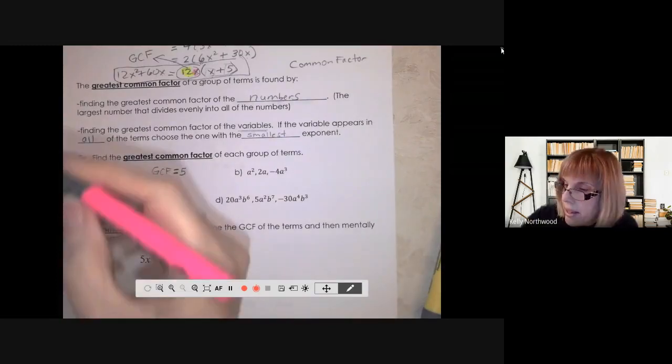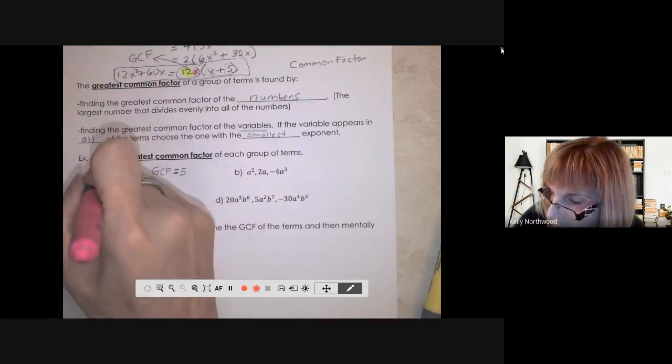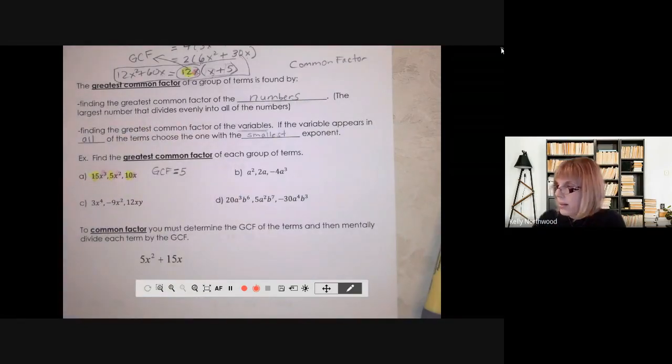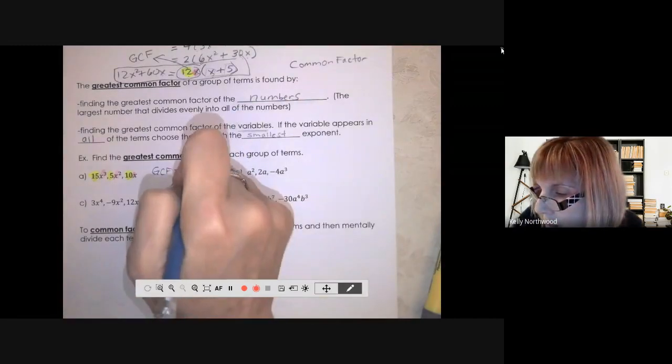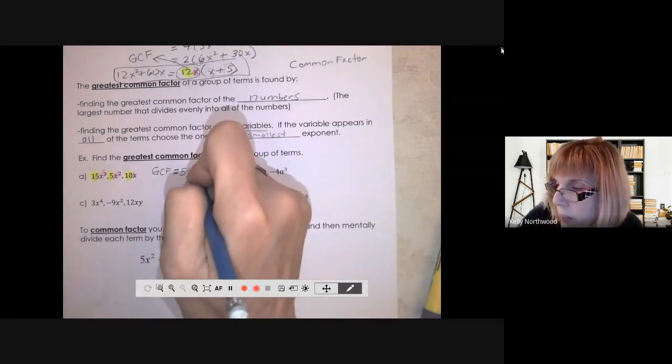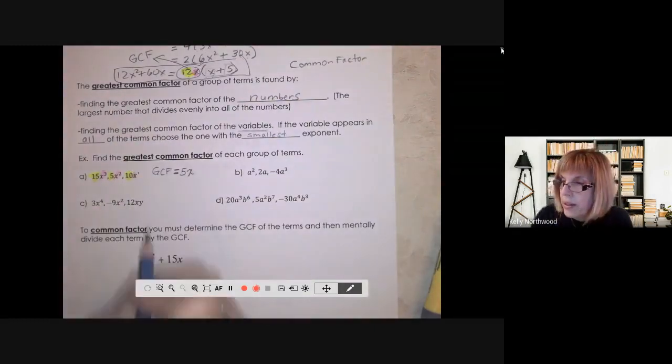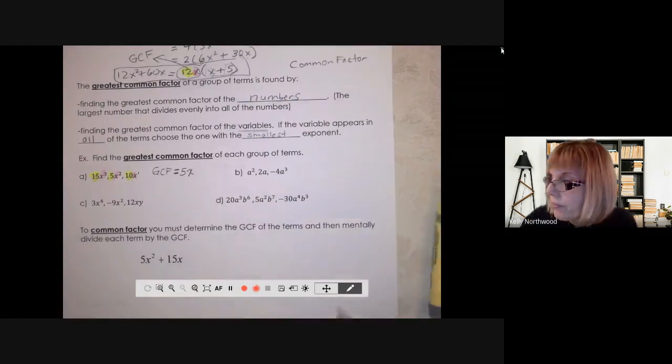Then I look at the variable parts, so I've got x cubed, x squared, and x. X is in all three terms, so it's part of my common factor. I just need to know what exponent to put on, and it will be the smallest exponent, which is just a 1. So my greatest common factor would be 5x. Those are the rules.